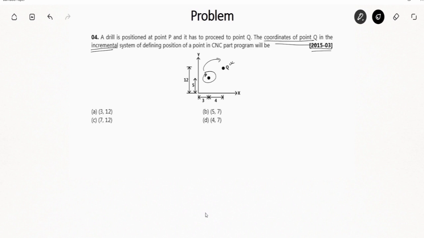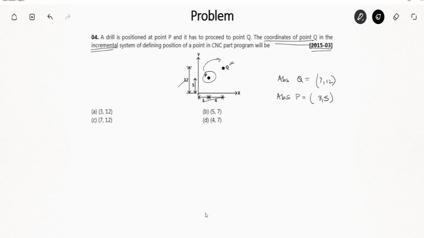Let's say if the question was in the absolute system, the coordinate of Q in the absolute system will be 3 plus 4 is 7, and 7 plus 5 is 12, so 7 comma 12. And the absolute coordinate value of P with respect to the origin would be 3 comma 5.